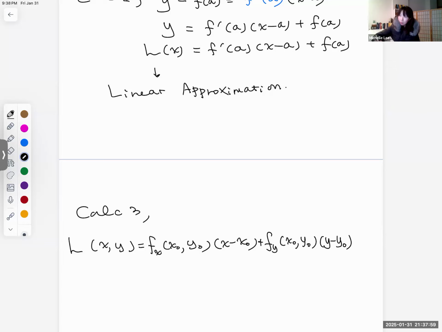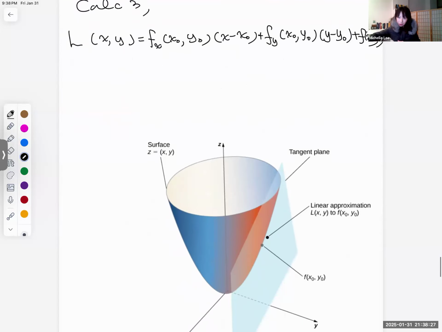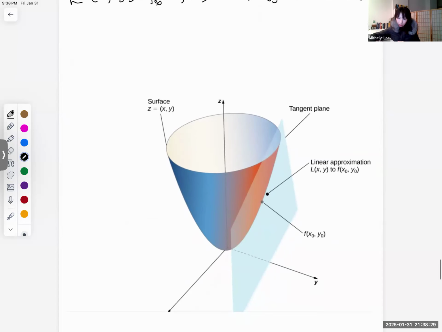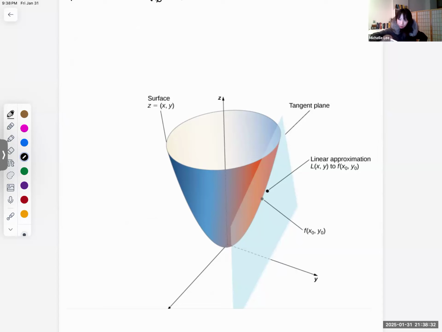So that is plus f of x naught, y naught. Oh, this is the same equation as the tangent plane earlier, right? Okay. So let's do that example here. Here's a picture too, yeah? Tangent plane. So we want to estimate at the point, right?